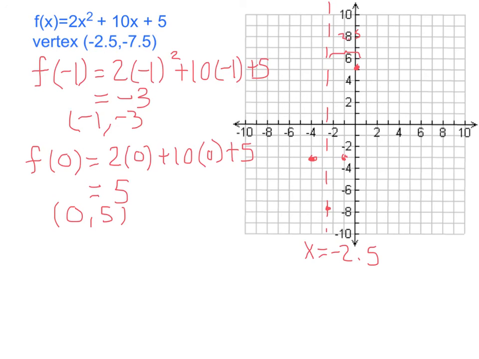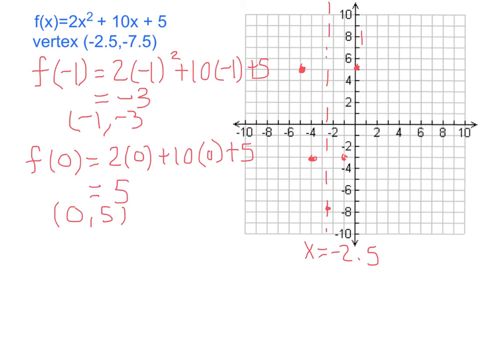So I'm over here at -5. So again, these points are the same distance away from the axis of symmetry. It was 2.5 units to go from here to here, so it's got to be 2.5 units to go to here from here. It was 1.5 units to go from the axis of symmetry to our first point, so it has to be an equal 1.5 going the other way.